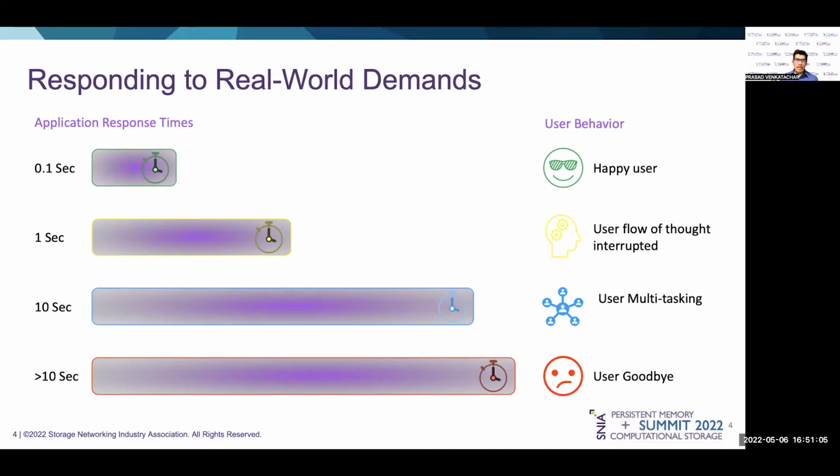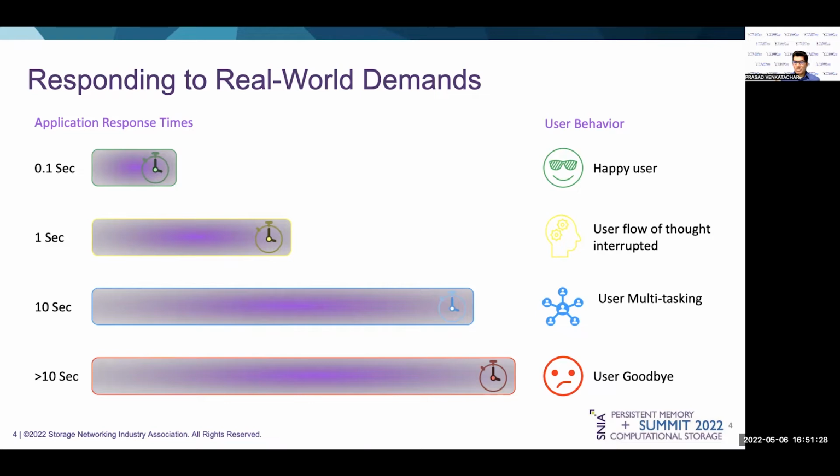For example, let's pick an app whose response time, to begin with, is 0.1 second. The user is very happy because they are getting instant results. Then, with an increased data set or more users, the response time increases from 0.1 second to 1 second.